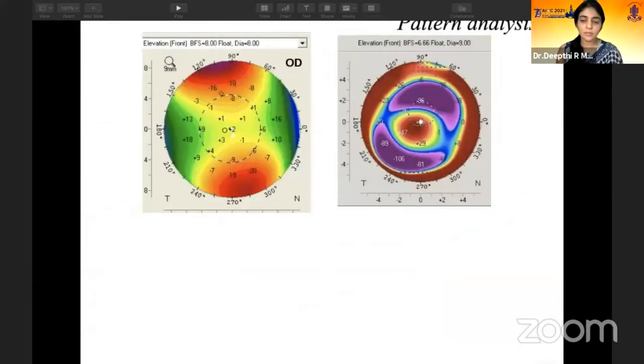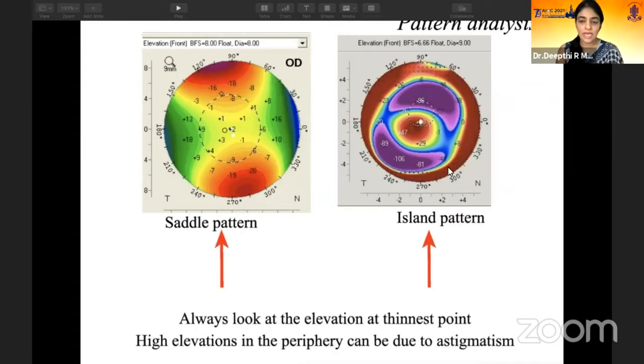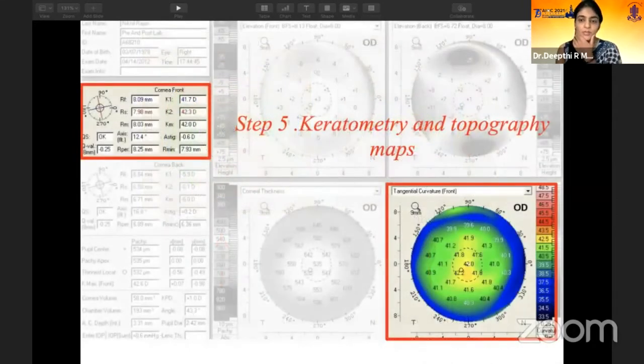And also look at the pattern. Pattern is not only for the sagittal curvature, but also for your elevation maps. This is a typical saddle pattern on the left side, which an astigmatic cornea would show, and the right side is an island pattern. In the saddle pattern, in the periphery you may have very high values, but you can just ignore that because the cornea itself is normally made like that. Now, coming to the K readings in the topography.